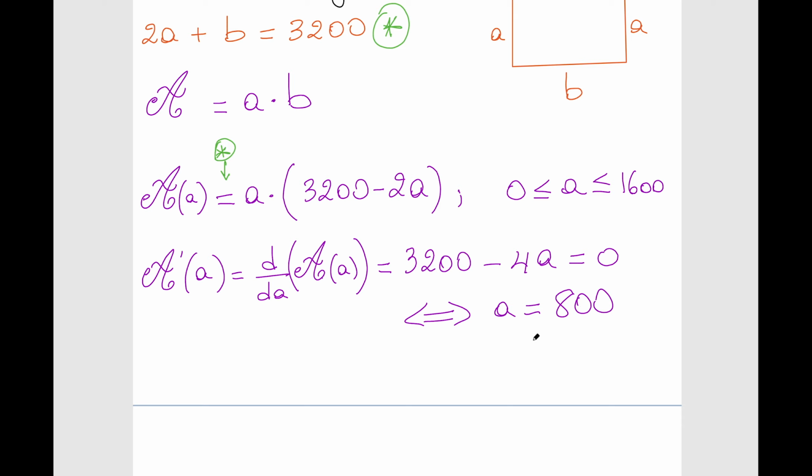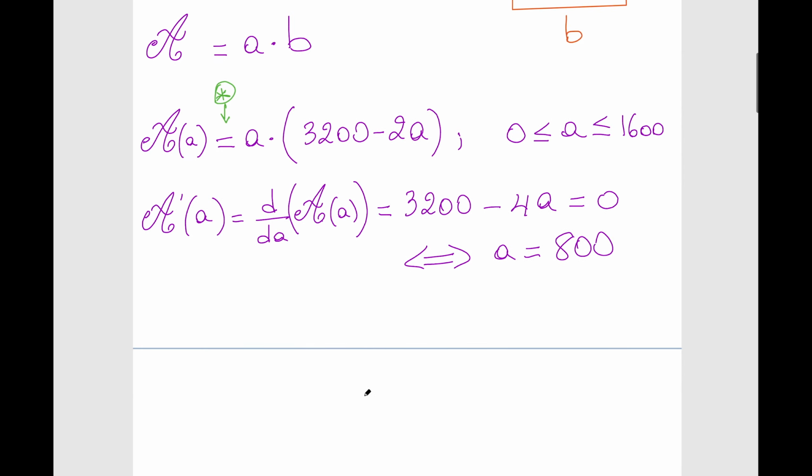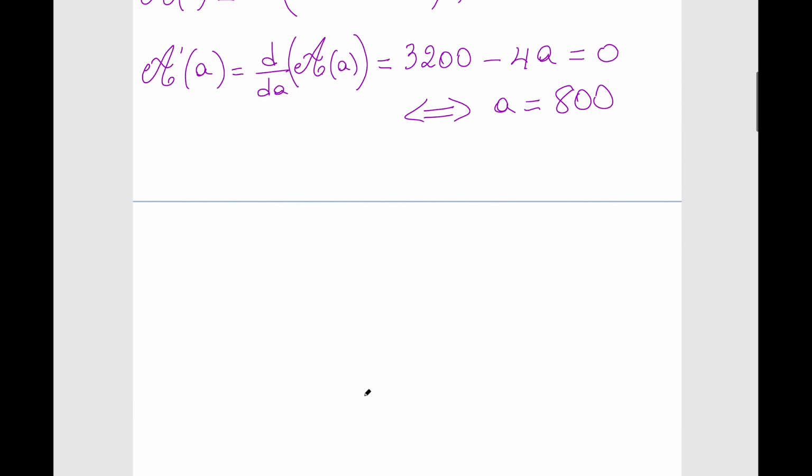All right. And now if you create this table of variations that we talked about, let's do it quickly, why not? So our interval is what? 0 to 1600 here, right? And 800 happens to be a critical point.